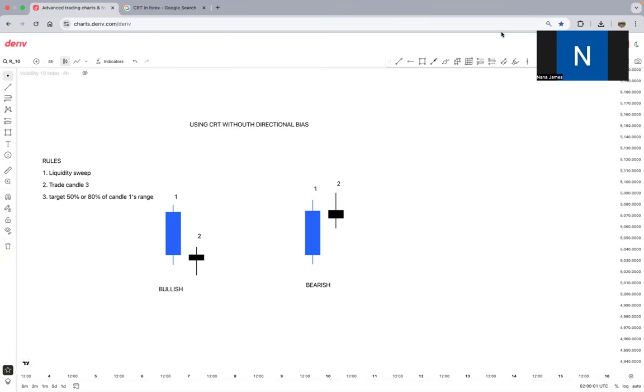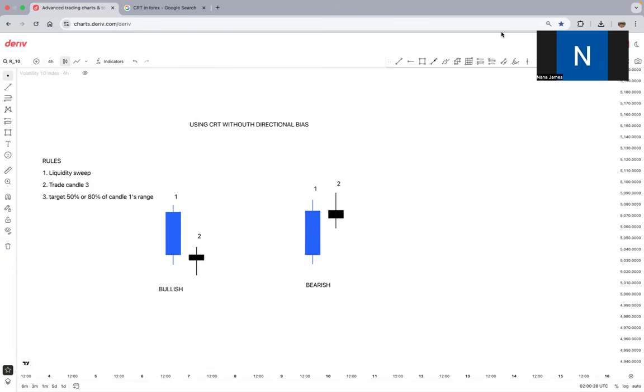One of it is you can focus on directional bias. That is, first of all, you have to know which direction the market is trending in. And then you look for your key levels. And then you wait for your CRT candle to form. All right. Then you trade it.